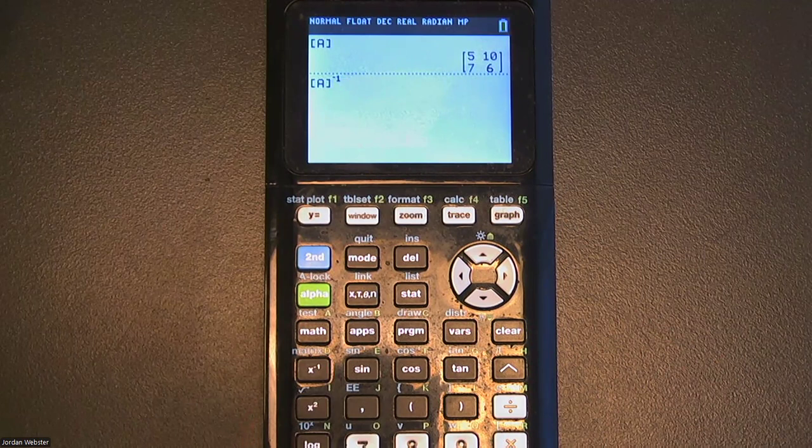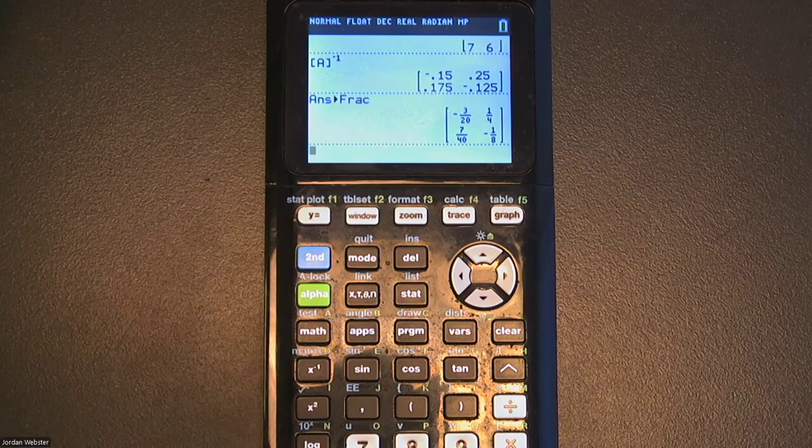Okay. And there you go. If you want, just like we did last time, you can write fractions. And notice those are the exact same fractions I was getting through the formula. Although here they're reduced.